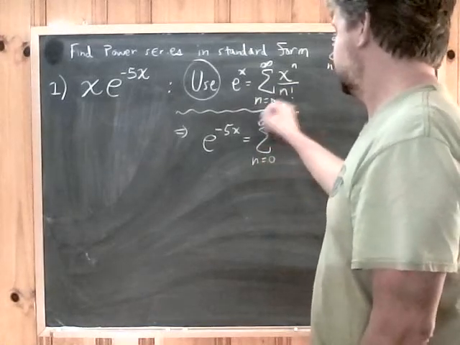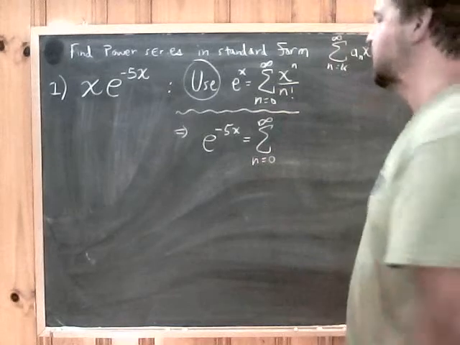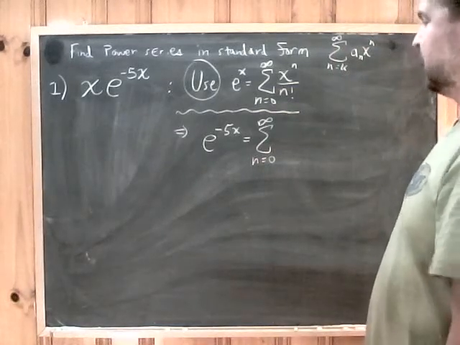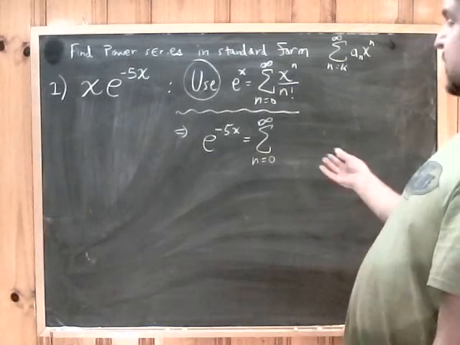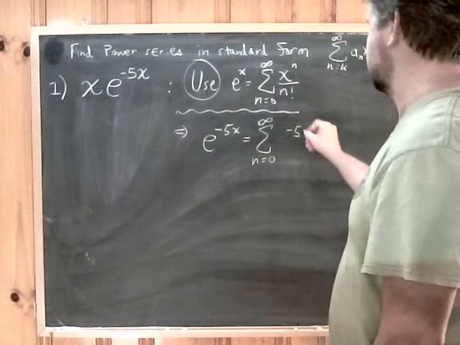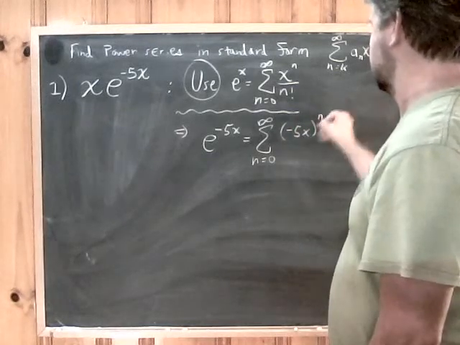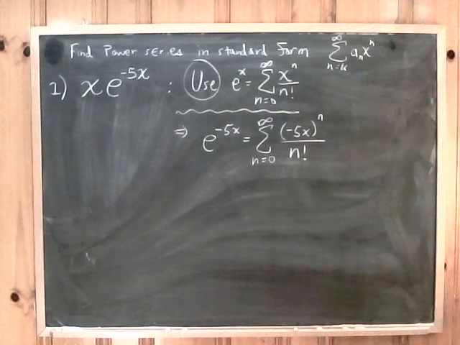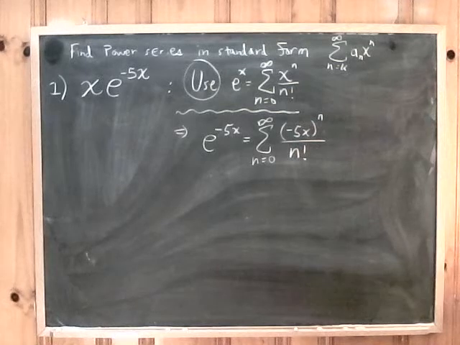It's a substitution, like a u substitution, but I'm substituting a function of x for x, which is fine as long as you substitute on both sides of an equation. It's still true. So that's what it looks like, and you have to use parentheses when you substitute. Parentheses negative 5x all to the n.